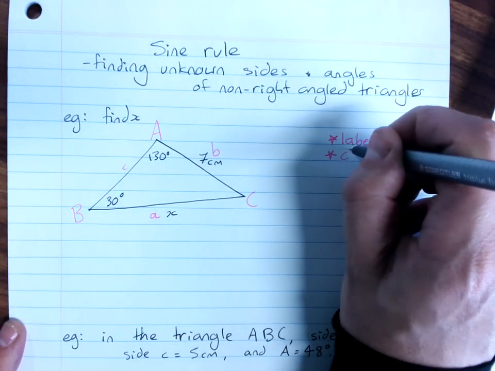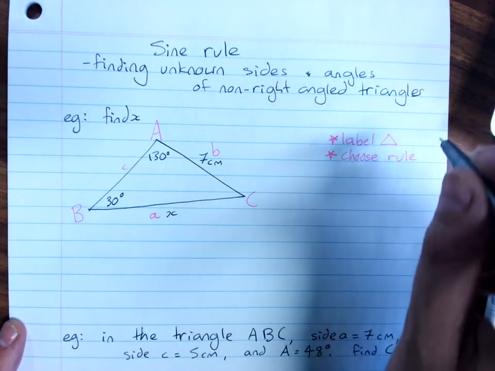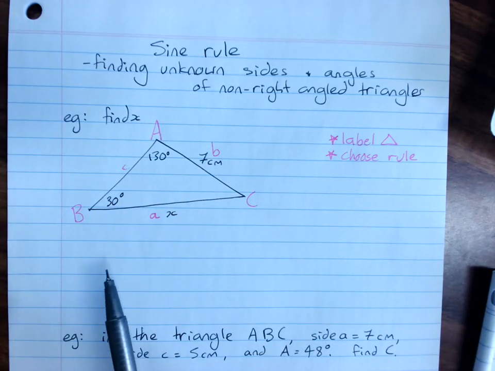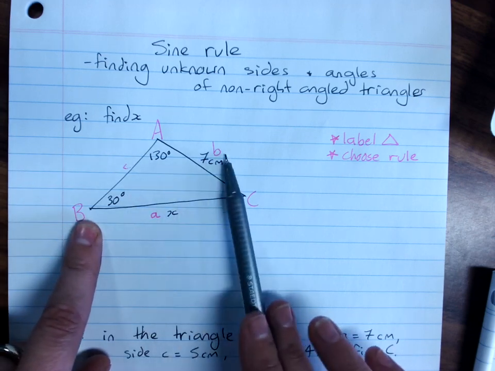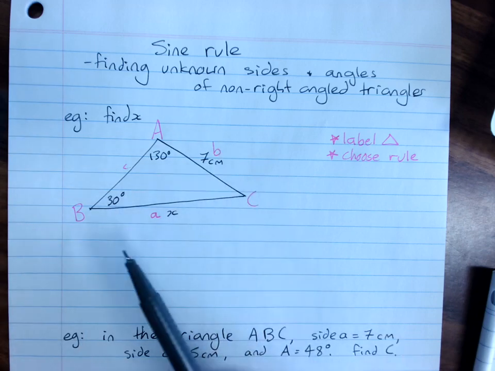The next step is always to choose and write your rule or your formula. In order to use the sine rule, what I have to have is a pair of a side and matching angle, which I have, so I can use the sine rule. You've always got to have one other piece of information, of course.